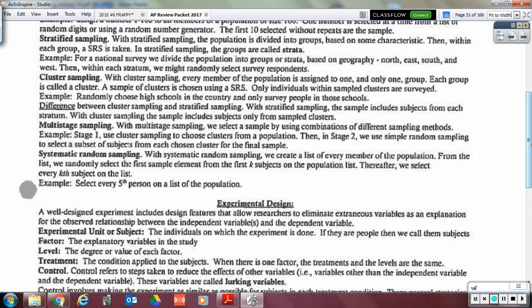Stratified sampling. So stratify makes what kind of groups? Stratify, homogeneous. Every single group is homogeneous.